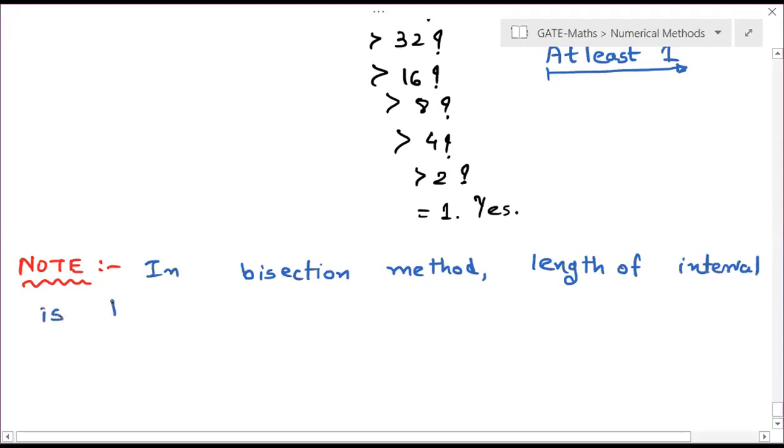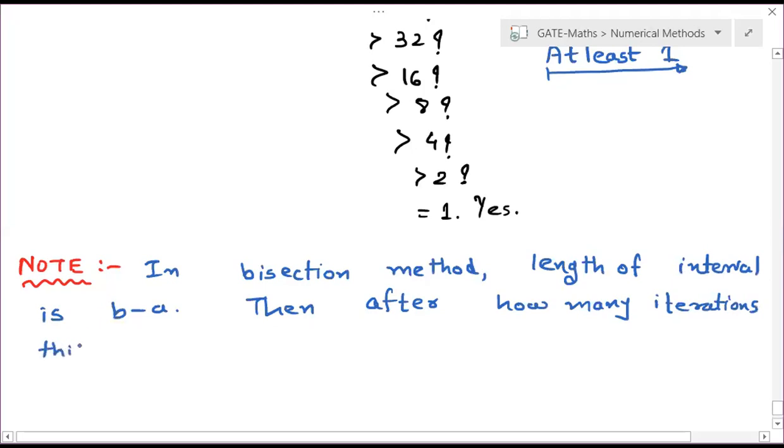Length of interval is B minus A. Then after how many iterations will this length become epsilon?